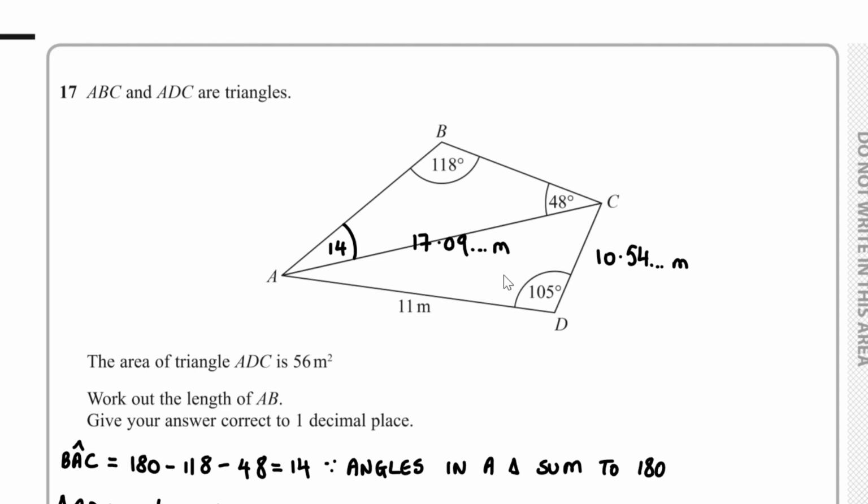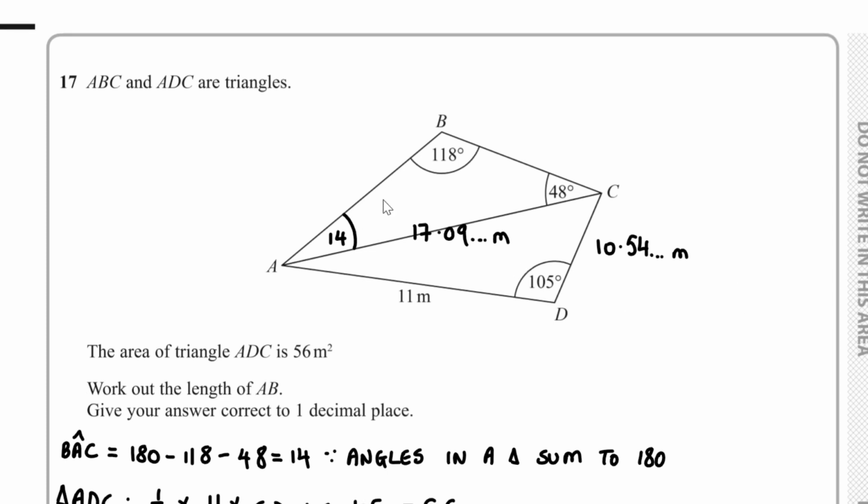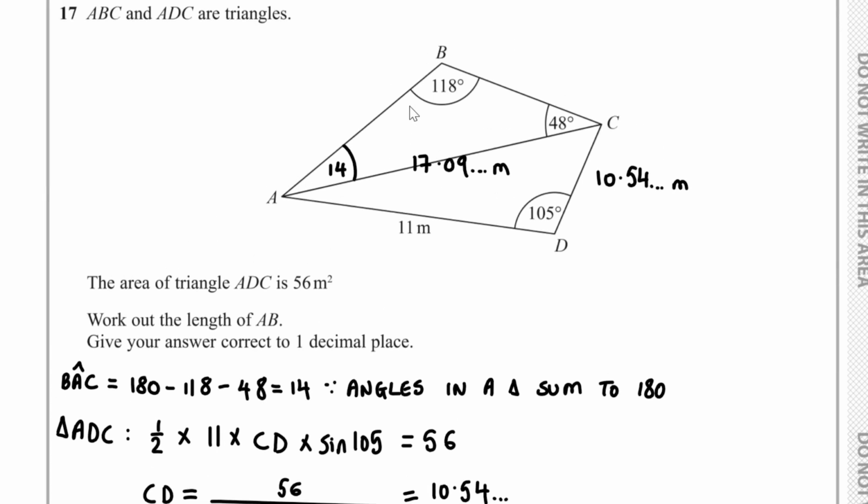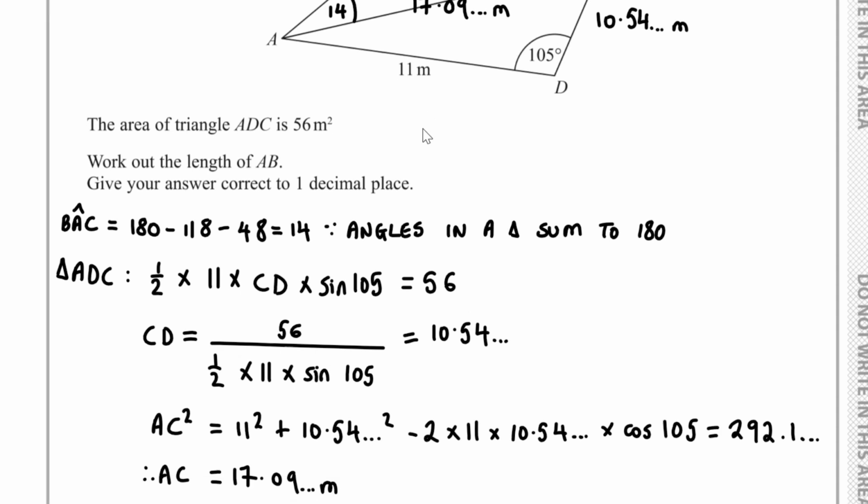And what we have to do in this question is find out what AB is. Of course here we can simply use the sine rule.